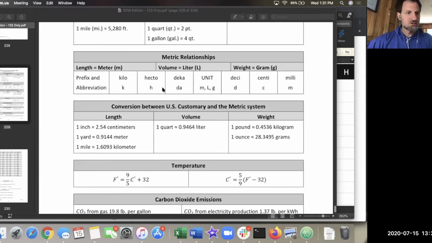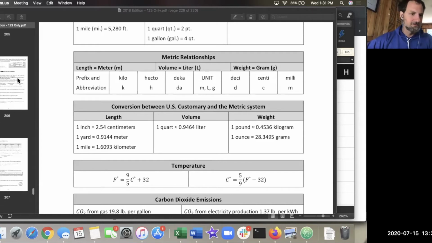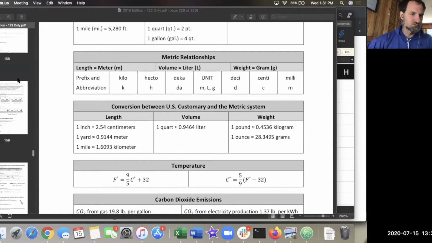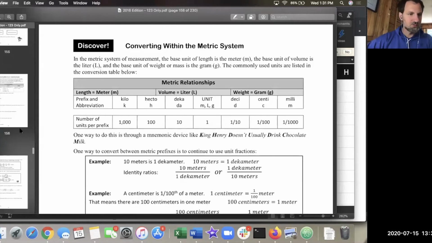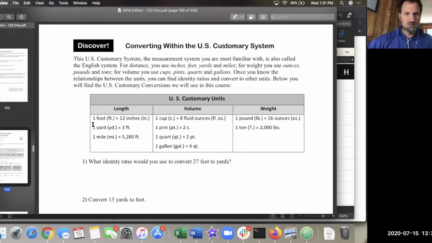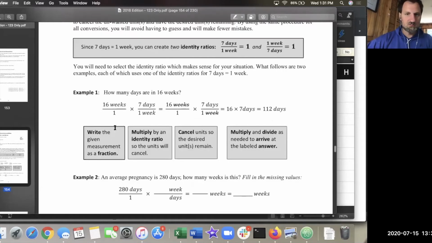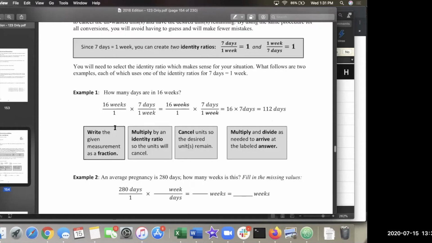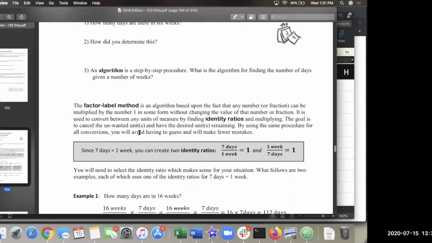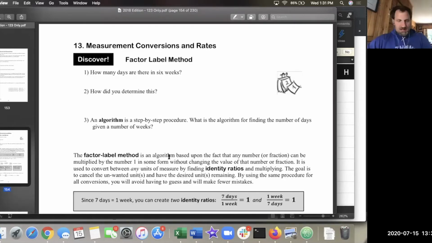Okay, so I think this starts on page 157, something like that, 150. I was off by a number or two. I actually gave you similar problems, so I'm not going to start with the six-week questions.